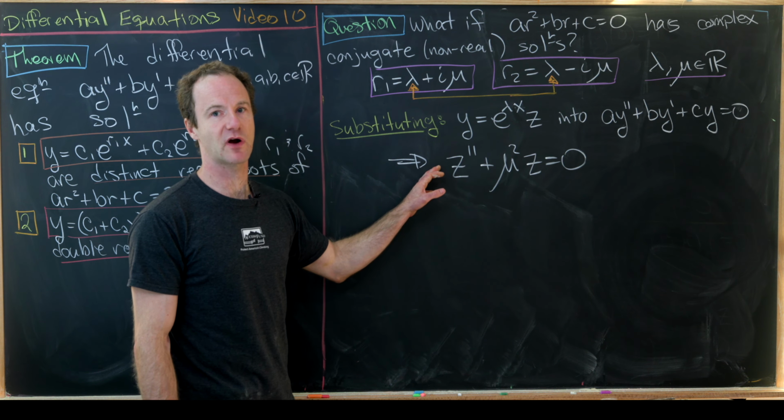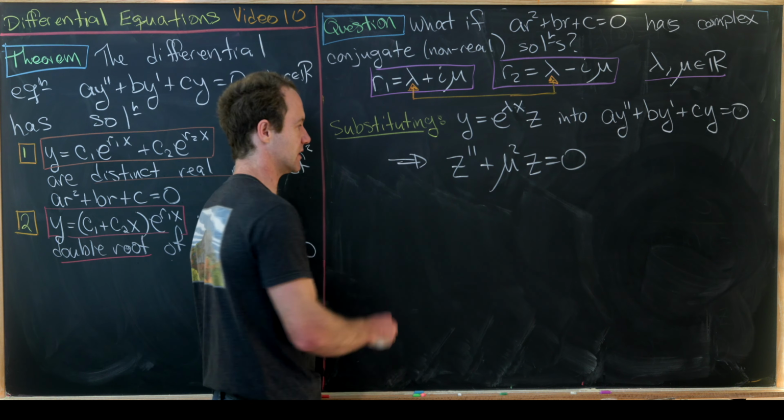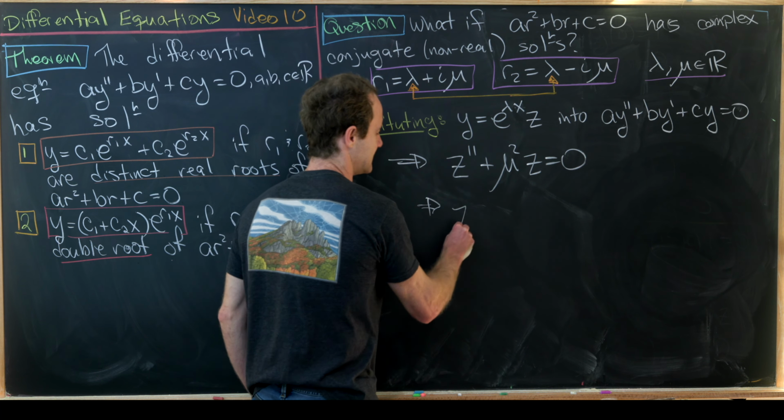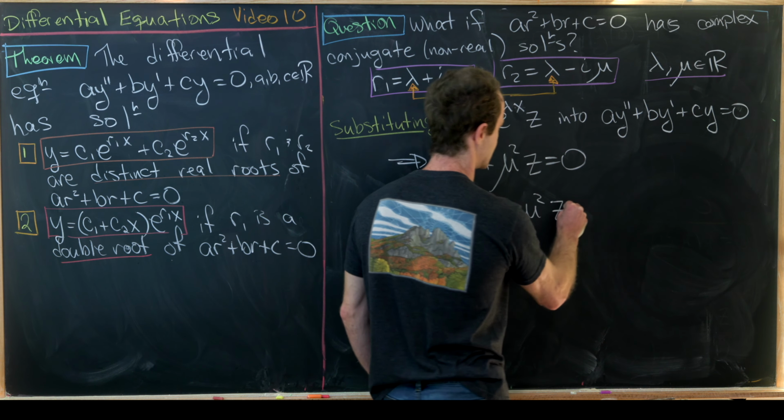And that was z double prime plus mu squared times z equals 0. But notice that that's the same thing as saying that z double prime is equal to minus mu squared times z.